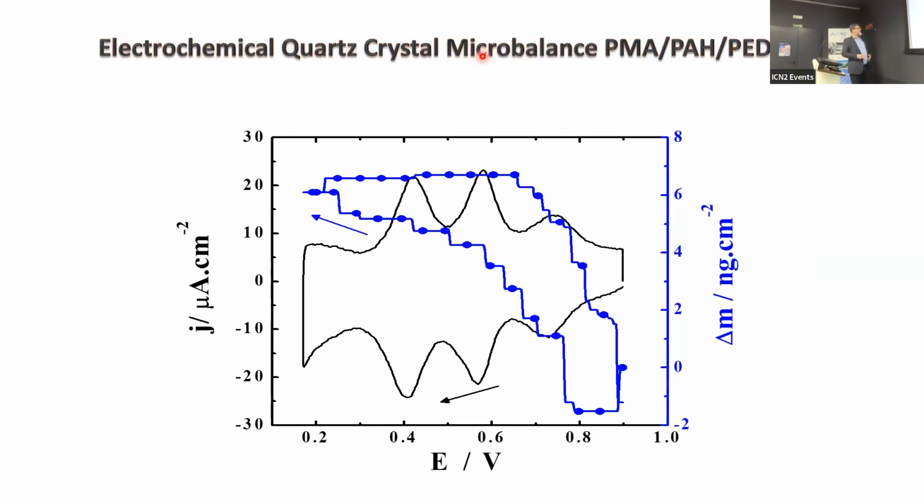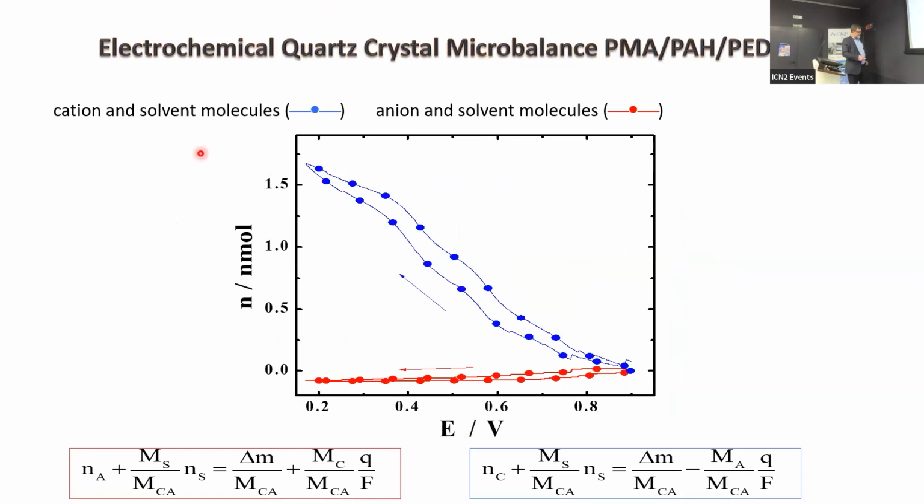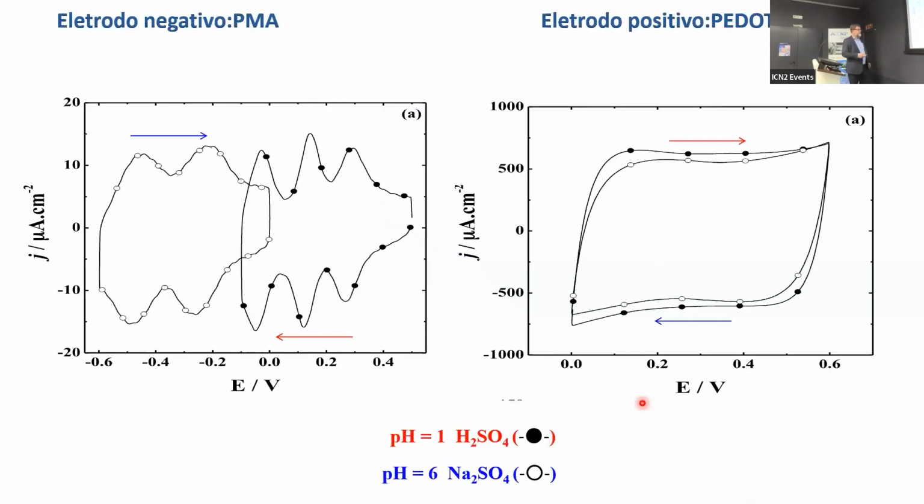We have used an electrochemical quartz crystal microbalance, and on the basis of electroneutrality and mass conservation, it is possible to determine the participation of cations and anions during the electrochemical process.